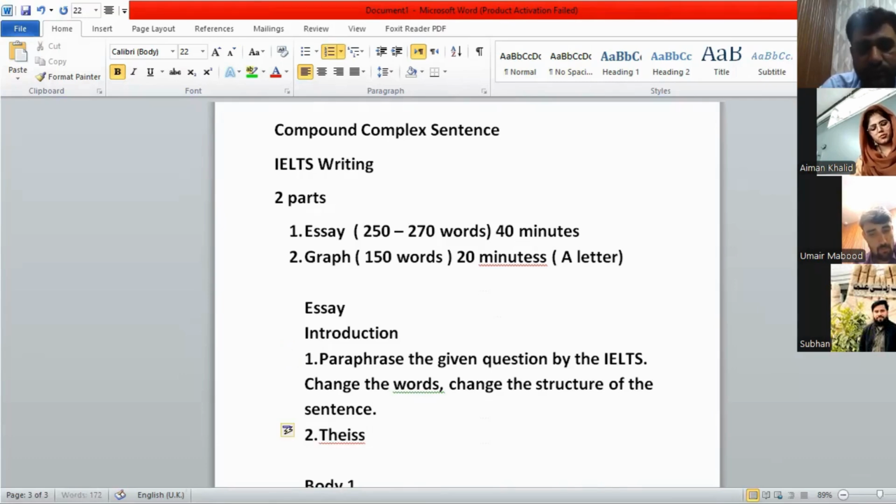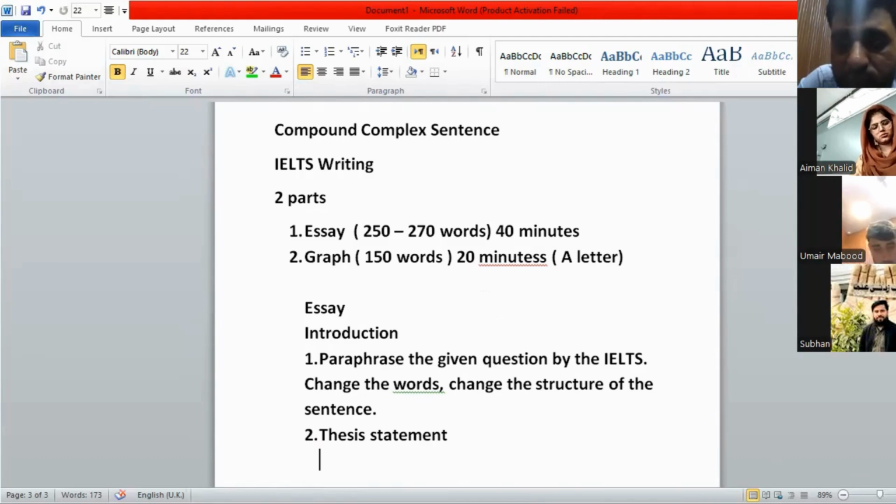Okay. Now the second would be thesis statement. What is thesis statement? That what you are going to write in the entire essay. Let's suppose there is a cause and solution essay. So in body 1, we write 2 causes or 1 cause.